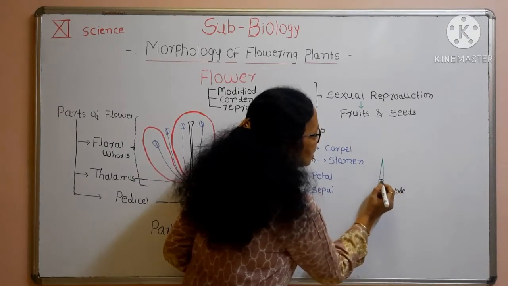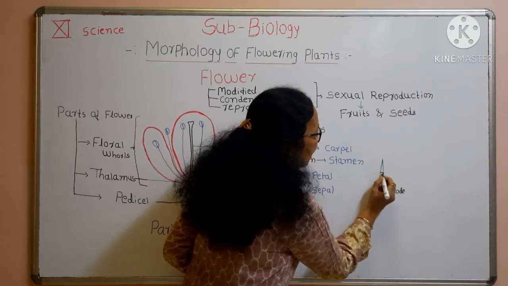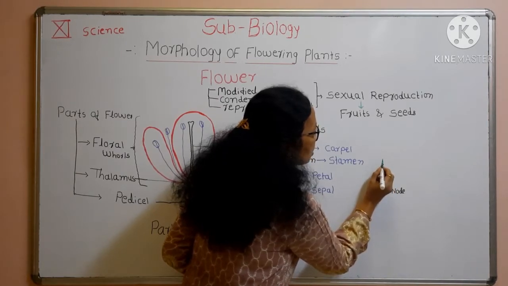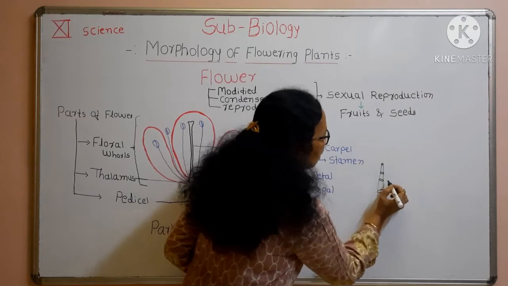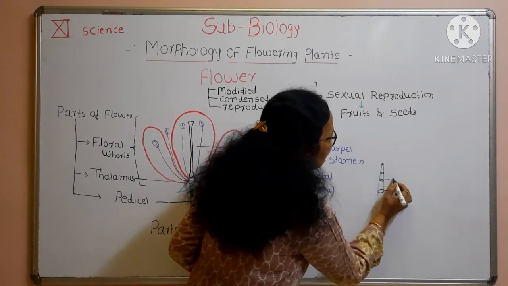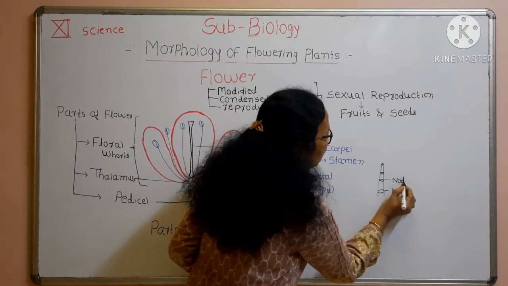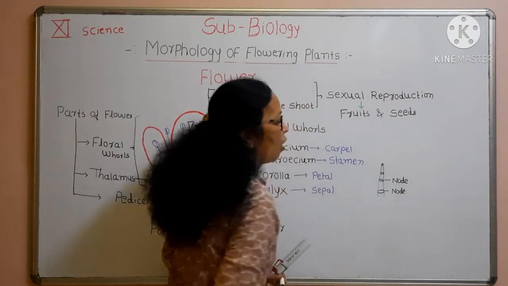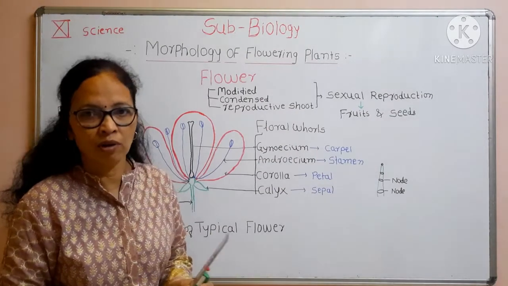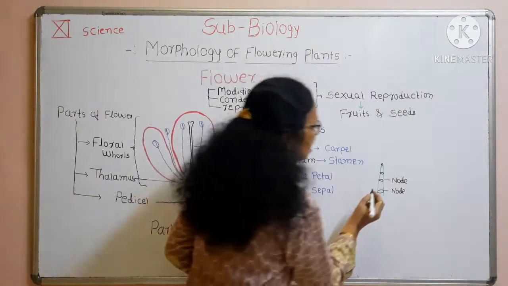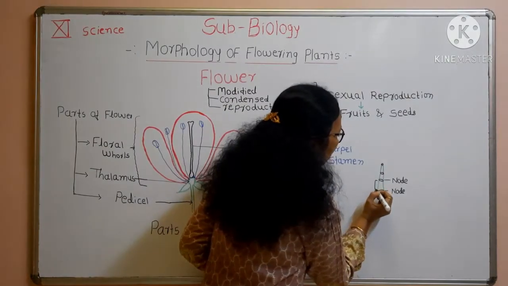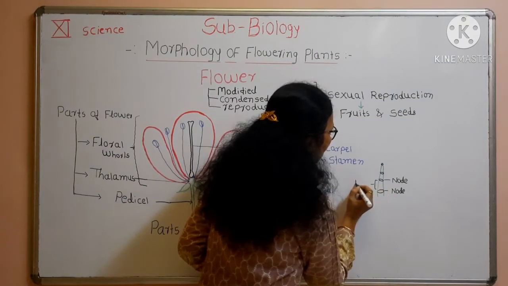So there is a presence of nodes and internodes. So this one is another node. The thick portion on the stem is called as a node from where the leaves are developed, and distance between the two successive nodes is called as an internode.